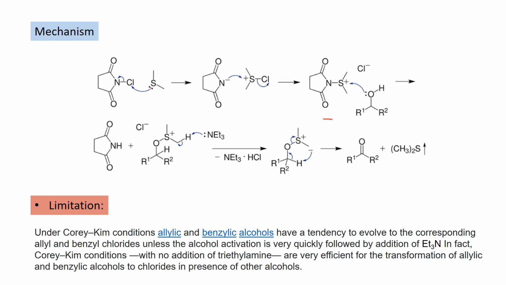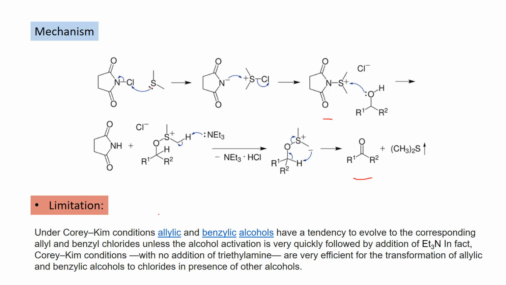After that, addition of base abstracts the proton, and this way it forms this sulfonium ylide kind of complex. After removal of this from the system, we will get the ketone as our product.